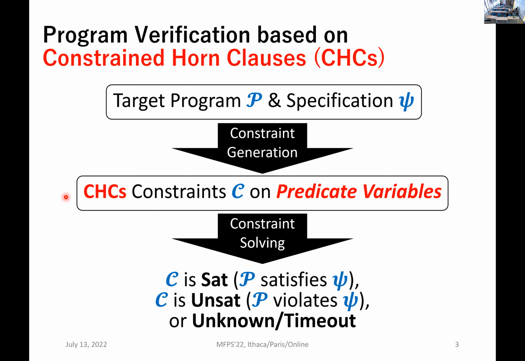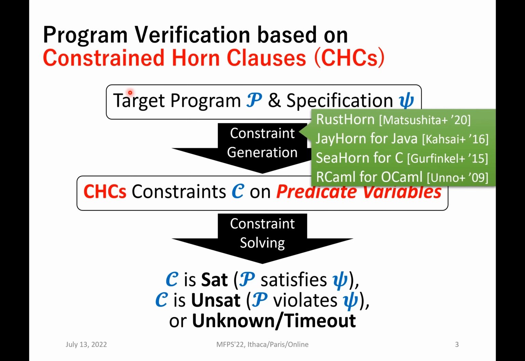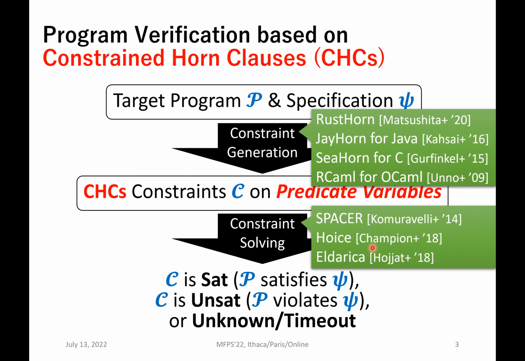So the most famous, well-studied class of constraints in the verification community is constraint Horn clauses, where they have been developed various constraint generators for Rust, Java, C, and OCaml, and they have been developed highly tuned, efficient constraint solvers like Spacer, HoIce, Eldarica.